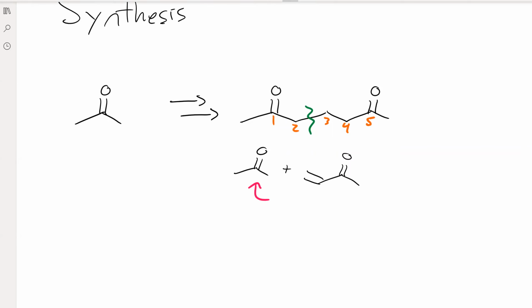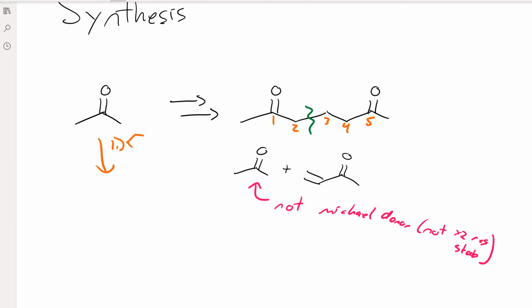And then if we think about this one, it cannot act as a Michael donor because it's not doubly resonance stabilized. And so what we have to do here is the enamine synthesis, right?